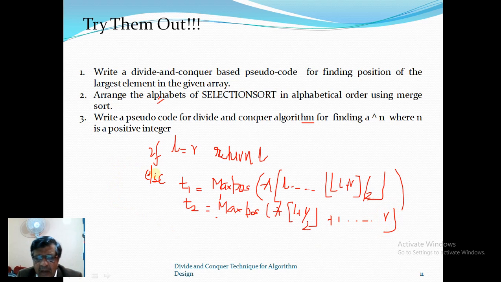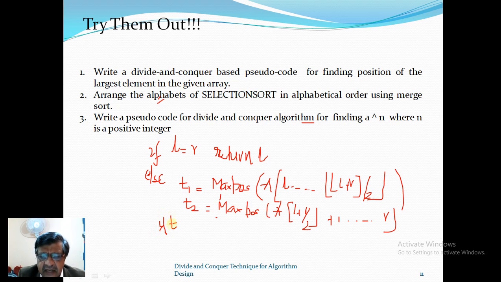Upon completion of these two recursive calls, what we get is the maximum among one half of the array and the maximum among the other half of the array.